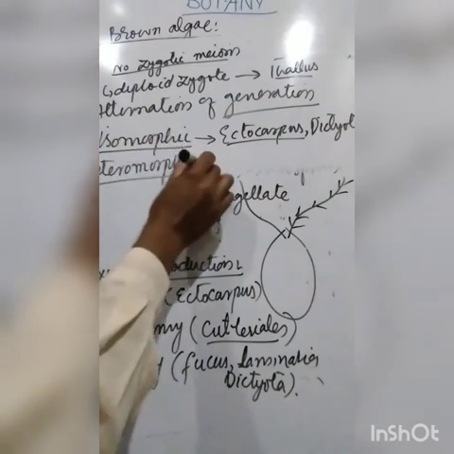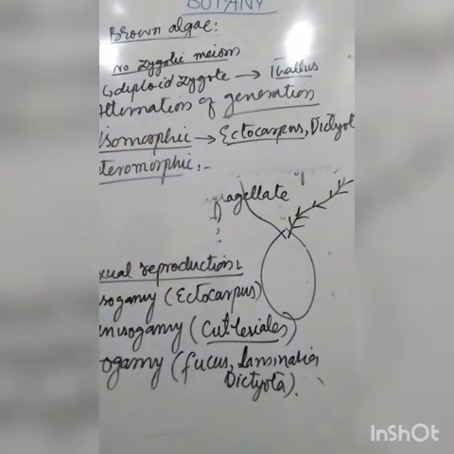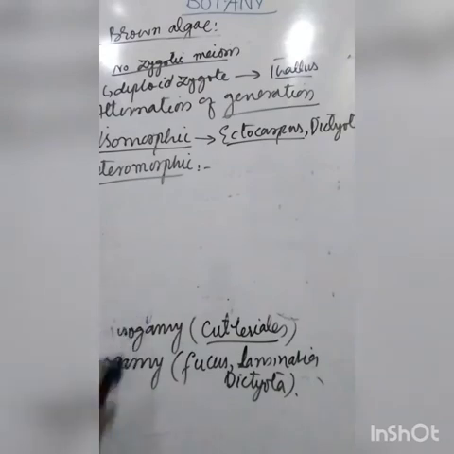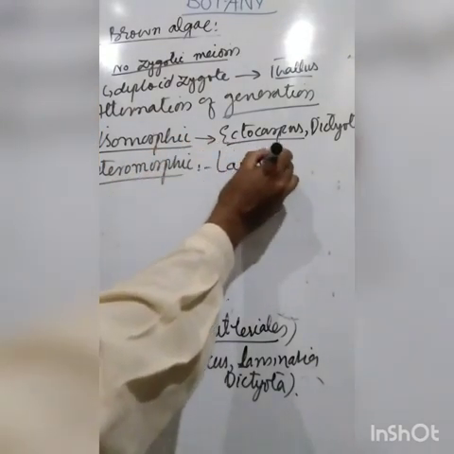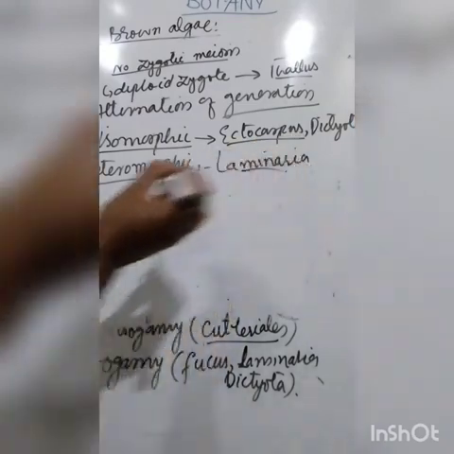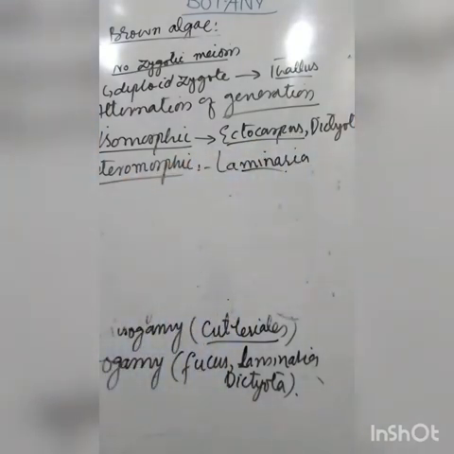Heteromorphic means when the diploid phase and haploid phase are structurally different, they have different morphology. And there is Laminaria. Now in many brown algae, the diploid generation or phase is dominant. The haploid phase is either microscopic or represented by gametes only, that is in Fucus. So their life cycle may be haplontic, diplontic, or diplohaplontic.